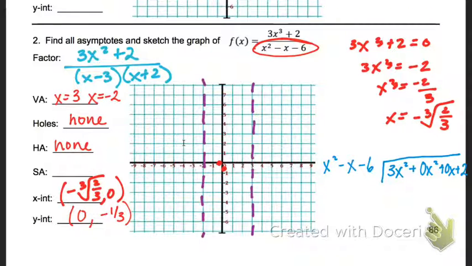From here, long division, how do I get from x squared to 3x cubed? What do I, 3x, good.